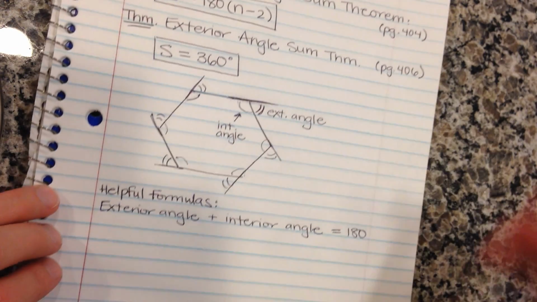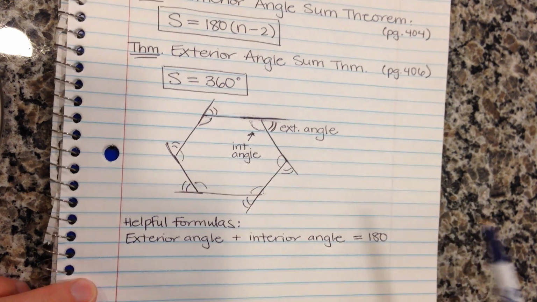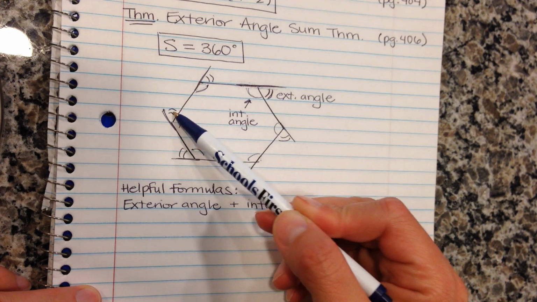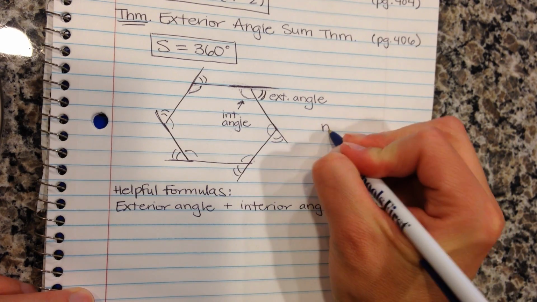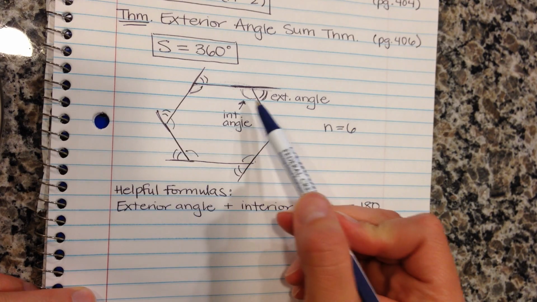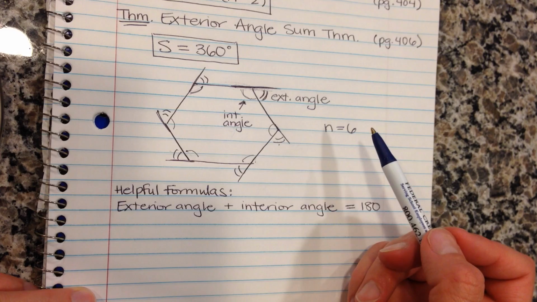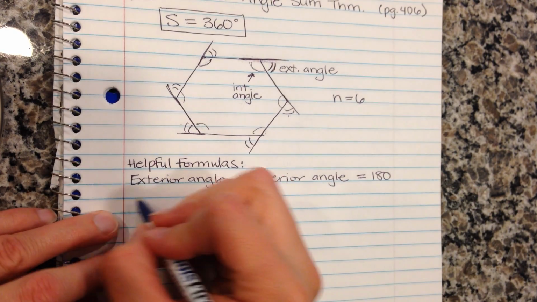So it's easier to start with looking at our exterior angle. If you notice, there are 1, 2, 3, 4, 5, 6, and this is a hexagon. So the number of sides for this hexagon is 6. So if I wanted to find out what each one of these is, for a regular polygon, this only works for a regular polygon.